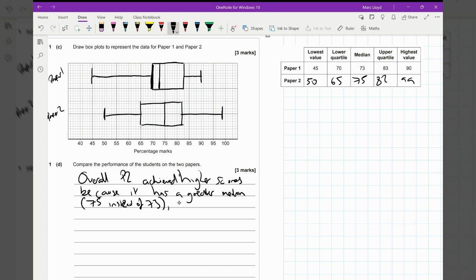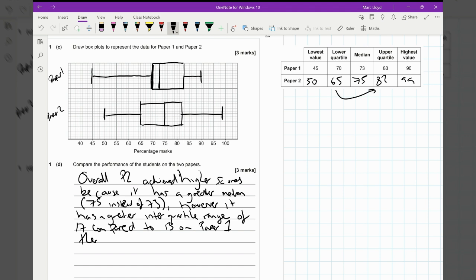However, it has a greater interquartile range of, and what is our interquartile range? 65 to 82, so that's 17 compared to 13 on paper 1.